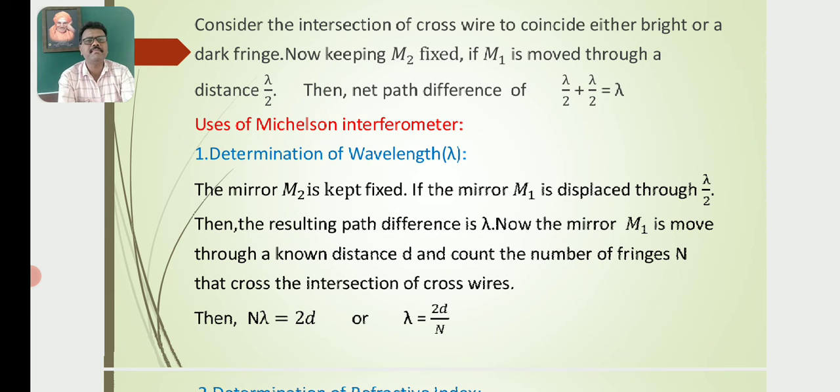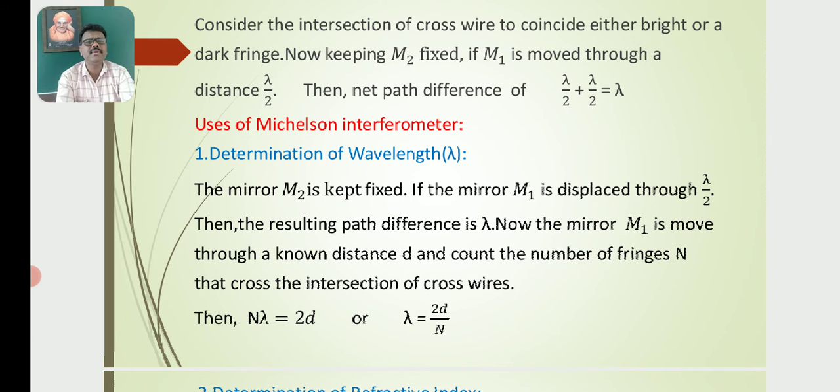Then what about the uses of the Michelson interferometer? The Michelson interferometer is used to determine the wavelength of light, refractive index, and so on. First, determination of wavelength. Mirror M2 is kept fixed.